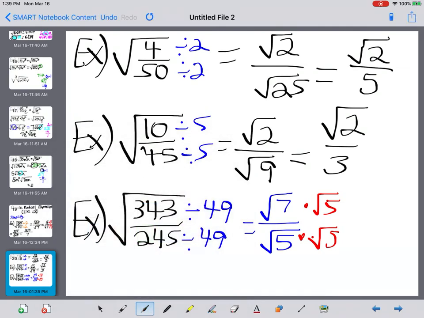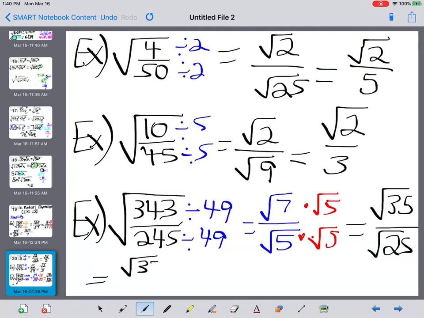Okay, so when I do that, I'm going to get the square root of 7 times 5 is 35 over, well, I'm going to have the square root of 25. Well, the square root of 25, that is 5. So my final answer will be square root of 35 over 5. And that's really all I can do there.